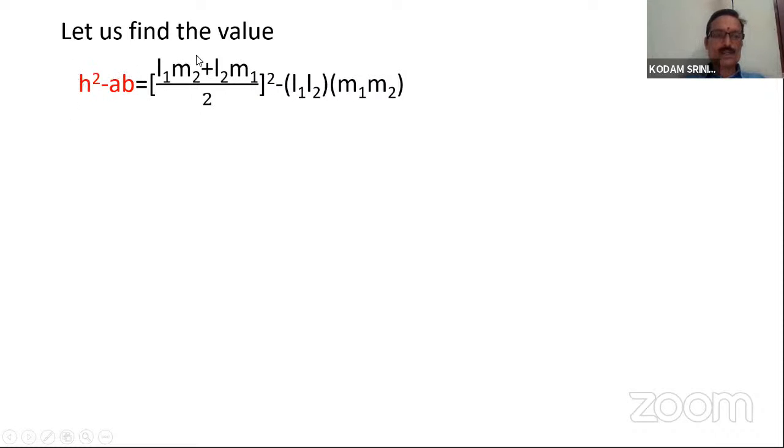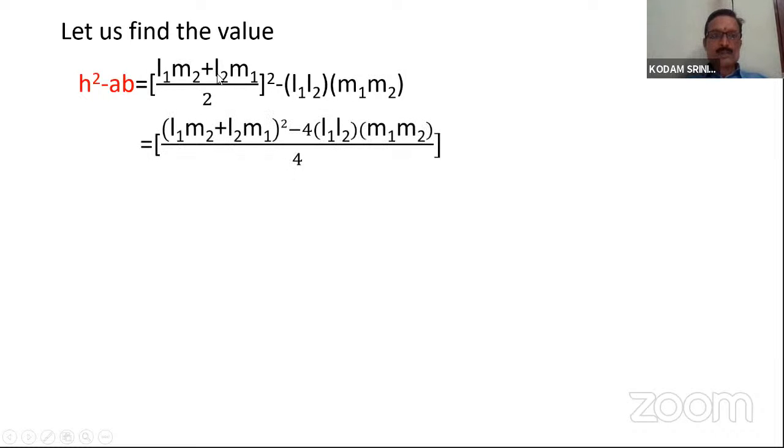We have to find out the H square value. That is (L1 M2 plus L2 M1) by 2, whole square. This is H square minus AB. Let us find this H square minus AB value, where A equals L1 L2 and B equals M1 M2. After simplifying, a fraction whole square means squaring the numerator and denominator separately.